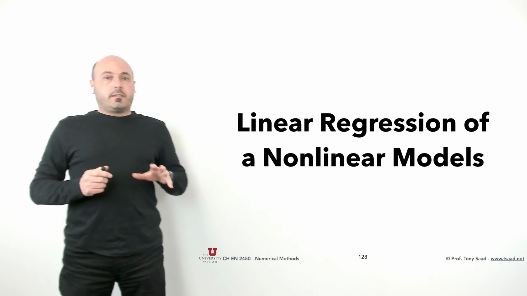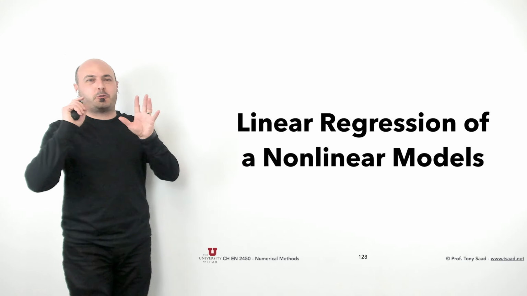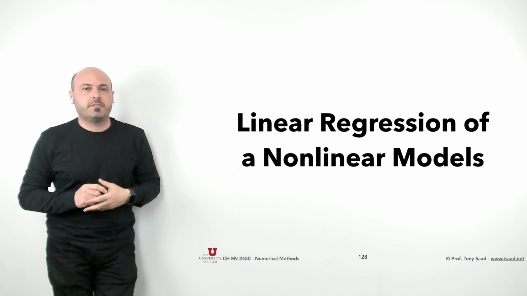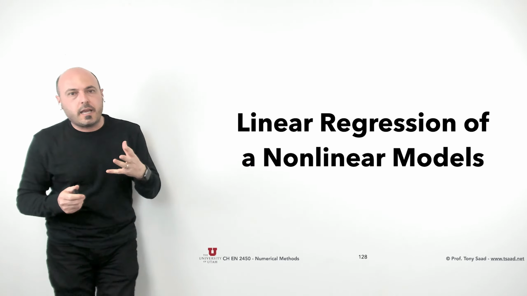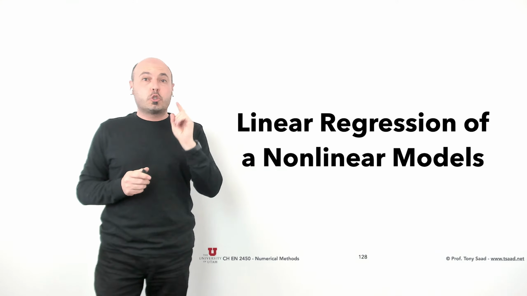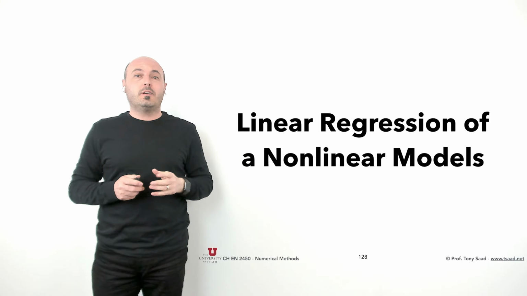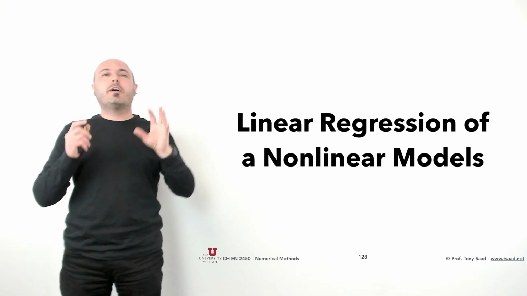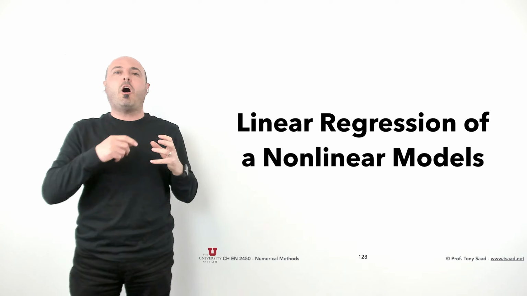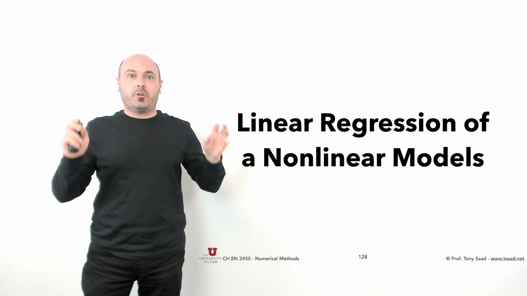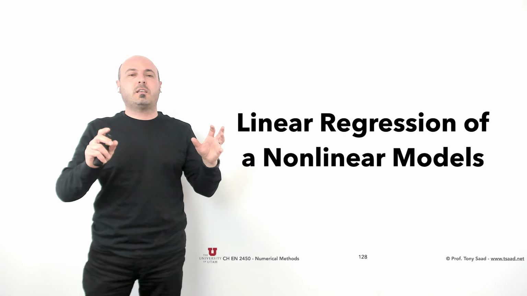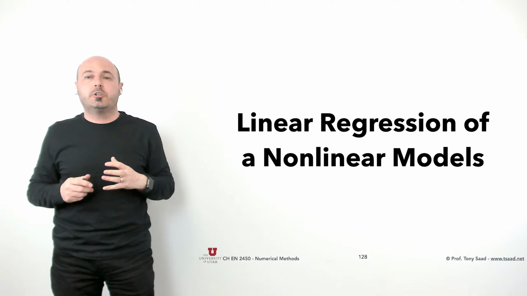Now, before we get to the final piece of information in this chapter, in many cases we can turn certain nonlinear models into linear models, okay? But you have to do a transformation. You have to do an operation on the model itself. You got to apply something to transform it into something linear.